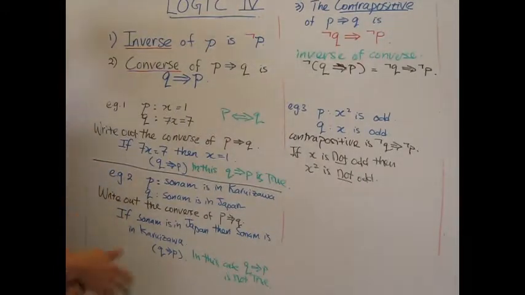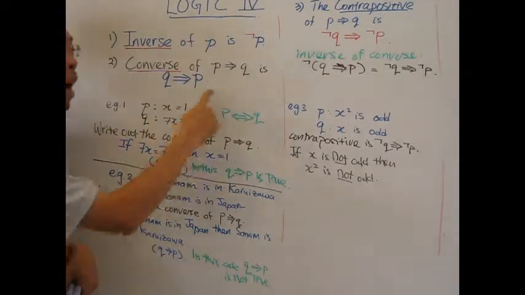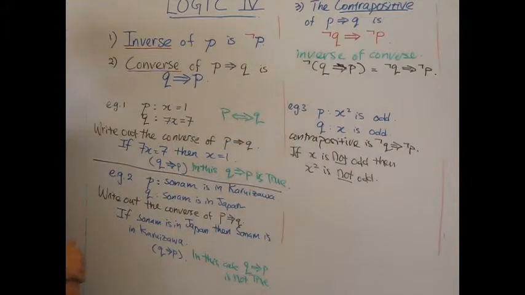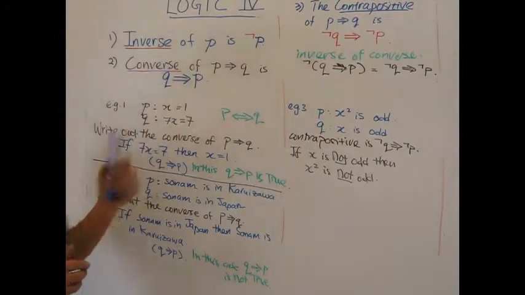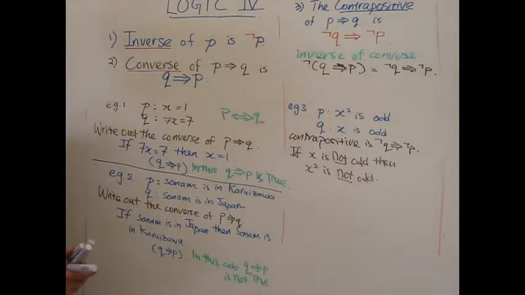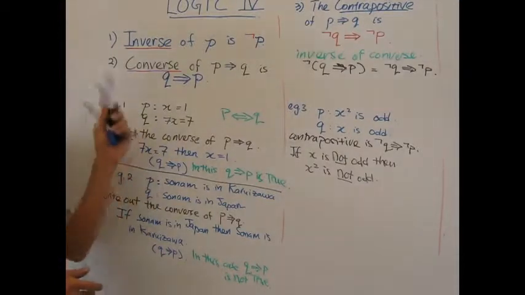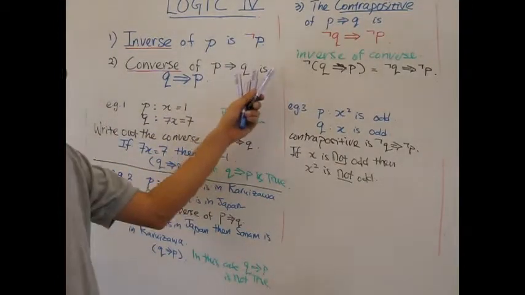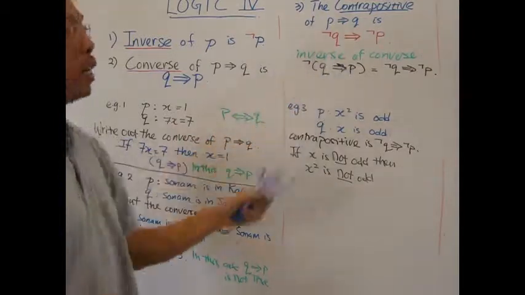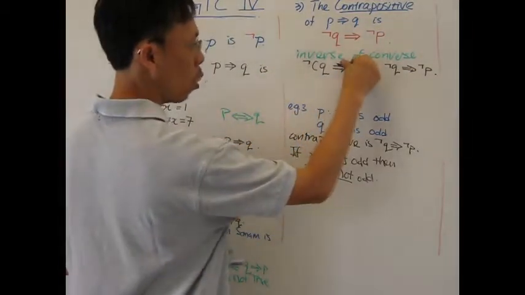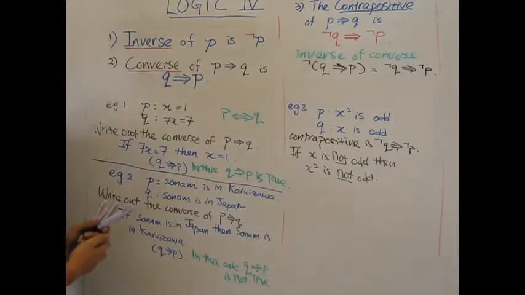In fact, it is usually not true. If the converse is true and the implication is true, then this is actually called equivalent. The contrapositive is not Q implies not P, which is also called the inverse of the converse.